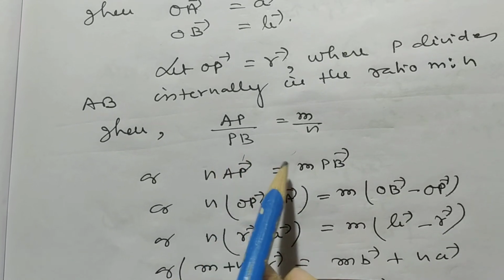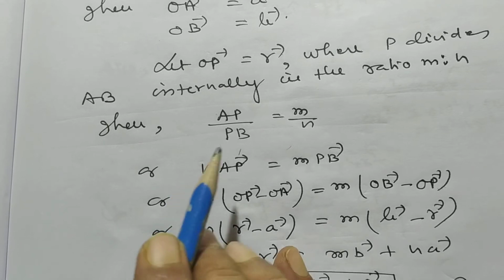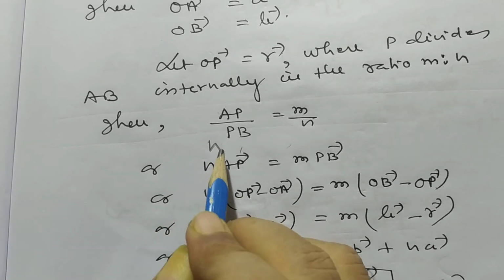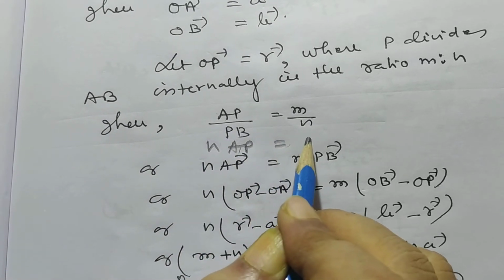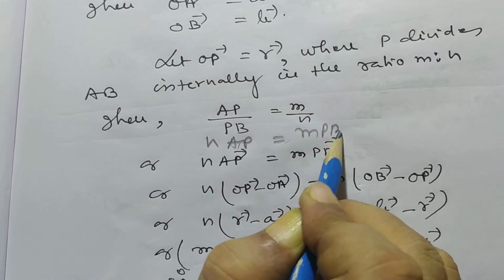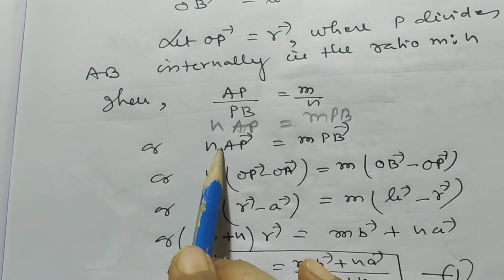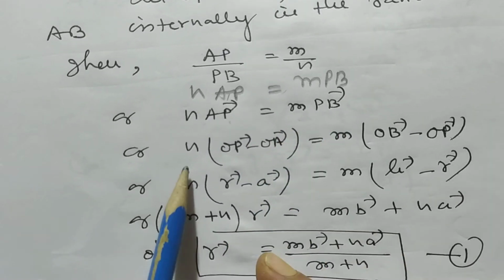Now, we do multiplication. n AP is equal to m PB, and you take vectors both sides. n into vector AP is equal to m into vector PB.